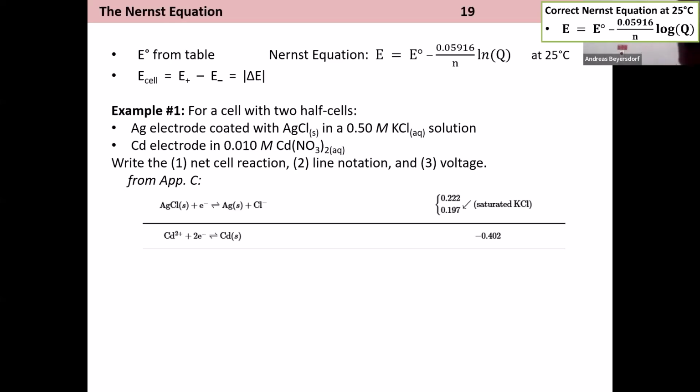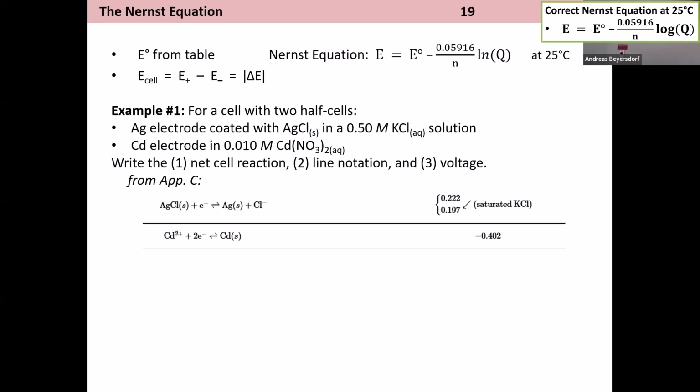It's just our concentration of Cl minus squared. Okay. These are solids, so they're not in there. So our Q equals Cl minus squared. So I can plug in my Cl minus, which is 0.5 molar. So that's going to give me 0.25.